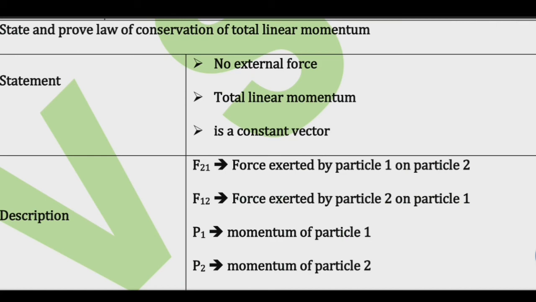Now F21 means the force exerted by particle 1 on particle 2. F12 means the force exerted by particle 2 on particle 1. P1 means the momentum of particle 1 and P2 means the momentum of particle 2.